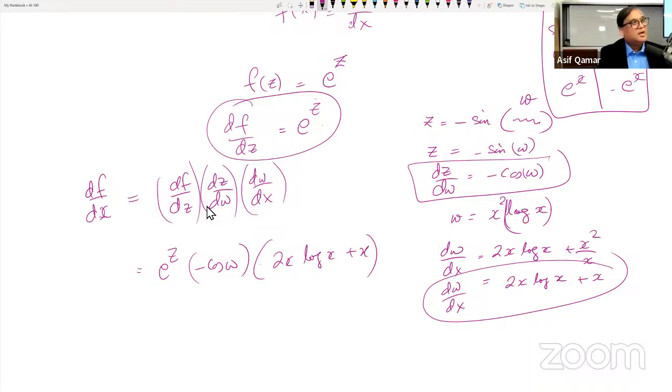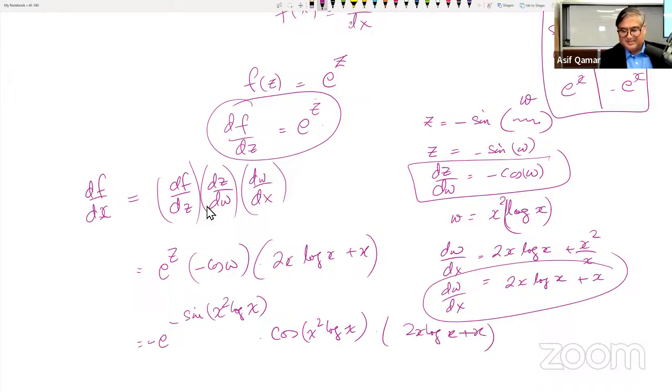And so now we know how to solve this problem. What was z? z was minus sine of this. So you will now come to e to the minus sine of x squared log x, times minus cosine w. What is w? Cosine of x squared log x, times 2x log x plus x.